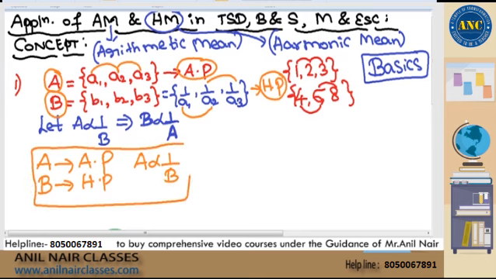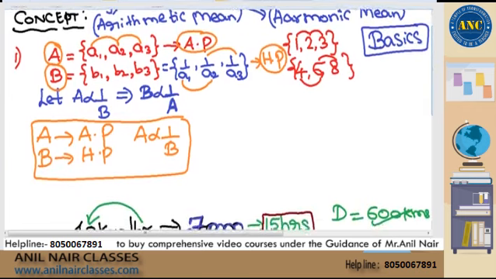Very important point. Whenever two parameters are inversely proportional to each other, if one parameter is in arithmetic progression, the other parameter should definitely be in harmonic progression. It is mandatory, right? Same logic is applicable here also.